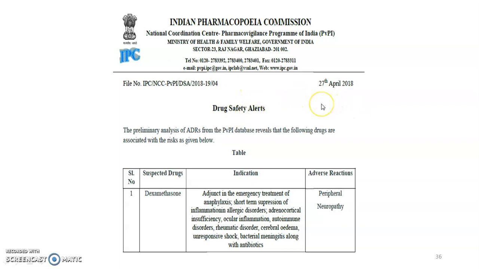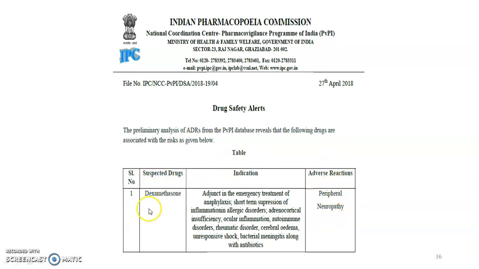I have taken one drug safety alert released on 27th of April 2018, where they clearly give the suspected drug causing the event, the indication of that particular drug, and the ADR of that suspected drug. Here they clearly mention that preliminary analysis of ADRs in the PVPI database reveals that if you use dexamethasone, it is going to cause peripheral neuropathy.